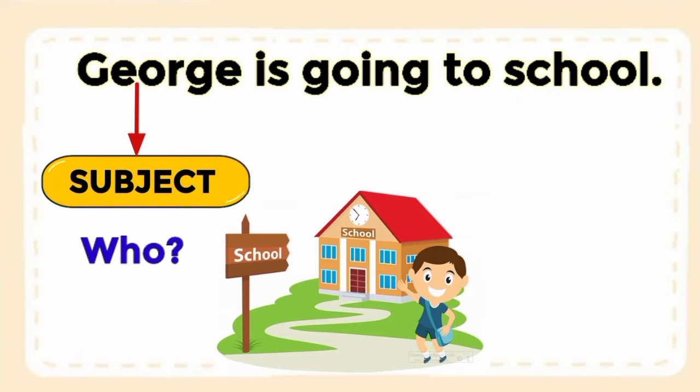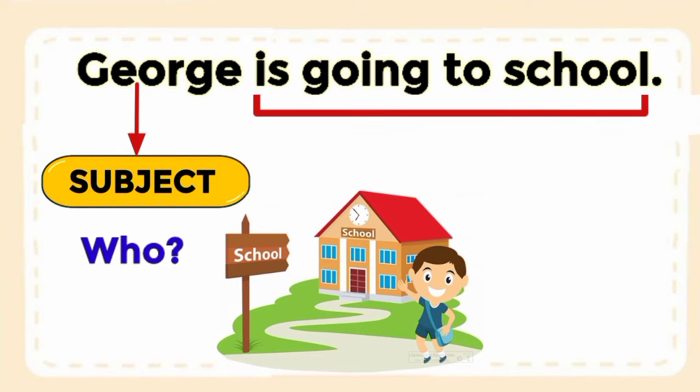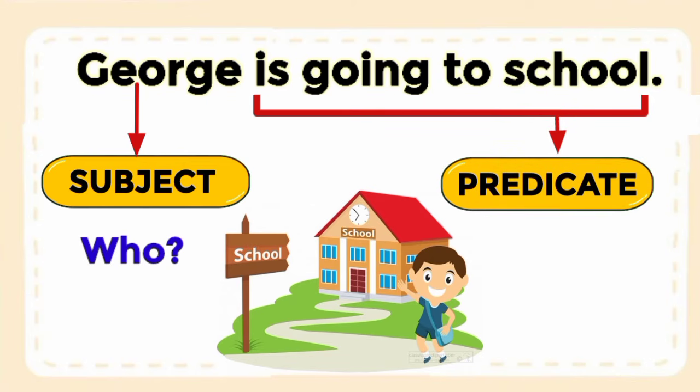Whereas on the other hand, the rest of the sentence that describes the action done by George is always a predicate. A predicate always gives the information about the action done by the subject. If we ask, what is George doing? And the answer that we get is always a predicate.